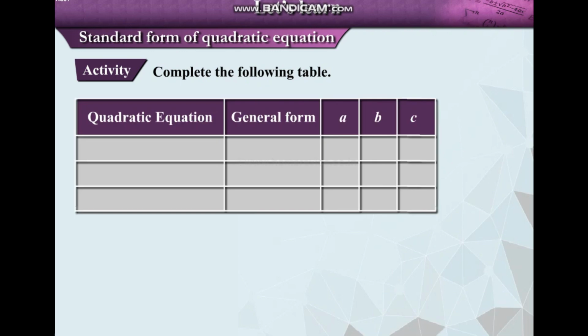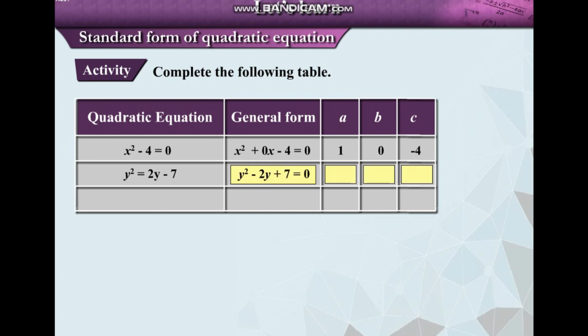Activity. Complete the following table. Quadratic equation: x square minus 4 is equal to 0. General form: x square plus 0x minus 4 is equal to 0. a is 1, b is 0, c is minus 4. Quadratic equation: y square is equal to 2y minus 7.